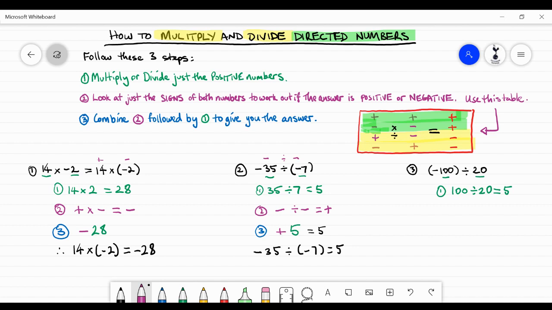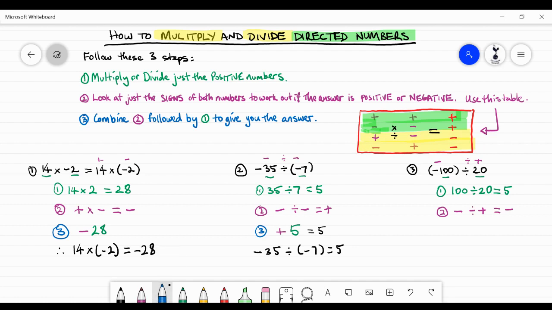The second step is we have a negative divided by a positive. Okay, so negative divided by a positive is this row here, which is a negative. So negative divided by a positive is equal to a negative.